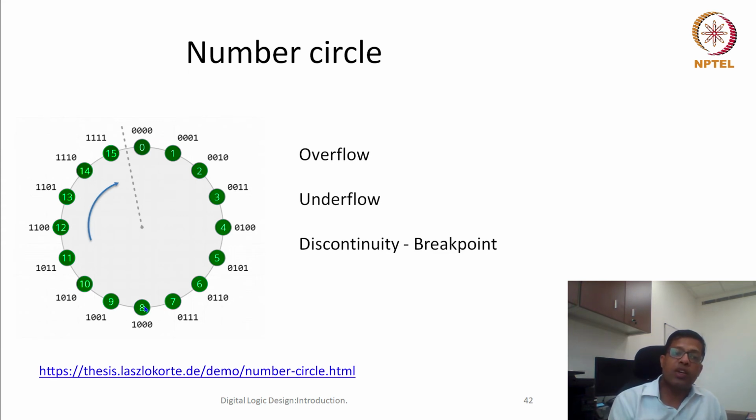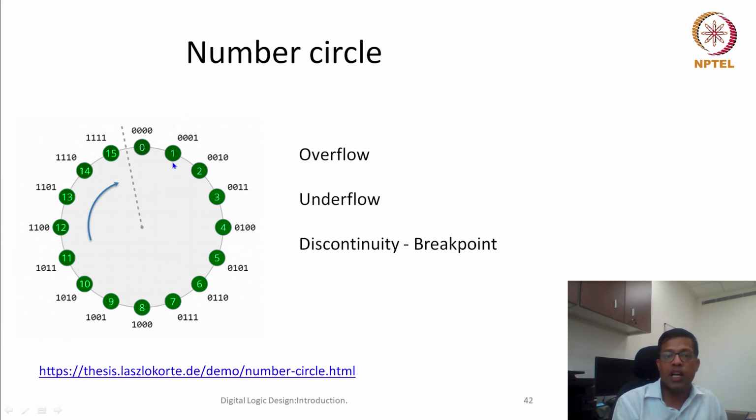But if I cross this particular line, which is a line of discontinuity, then the result will not be correct here, at least in the positive circle, because we are reaching a condition of overflow. So let's say I want to add 4 to 14. I have crossed this line: 14, 15, 0 and 1.